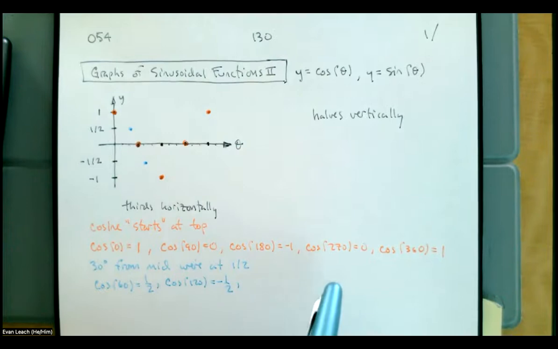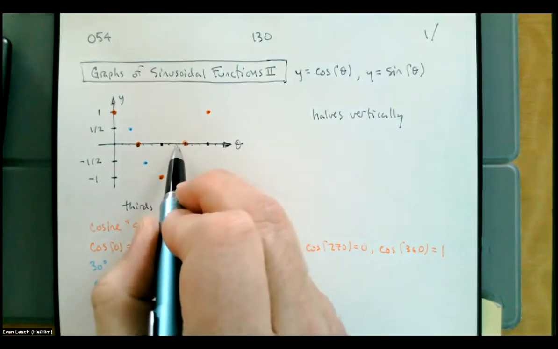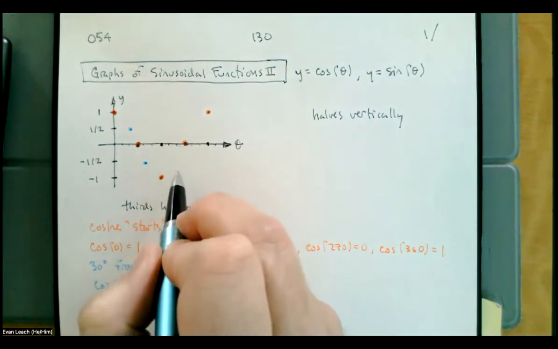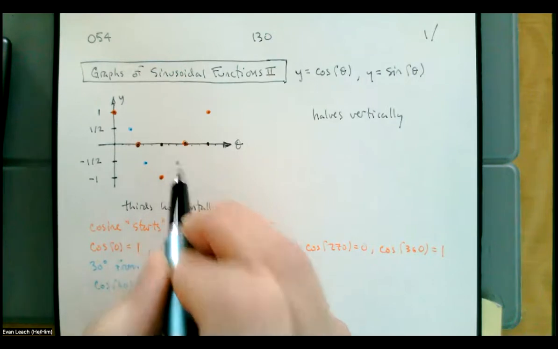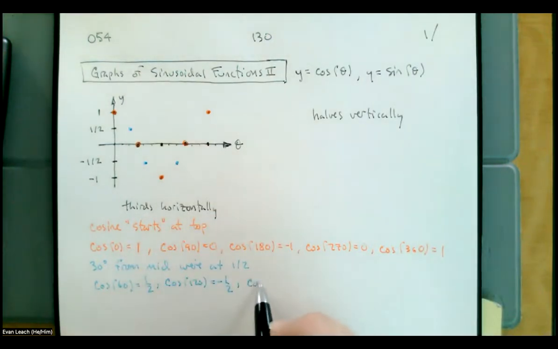The other middle is at 270. 30 degrees before 270 is at 240. So at 240, 30 degrees before the 270, that's when we'll be at negative 1/2. So cosine of 240 is negative 1/2.